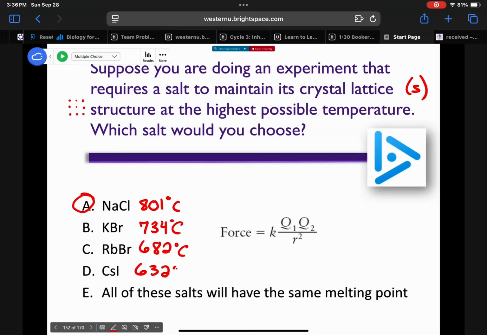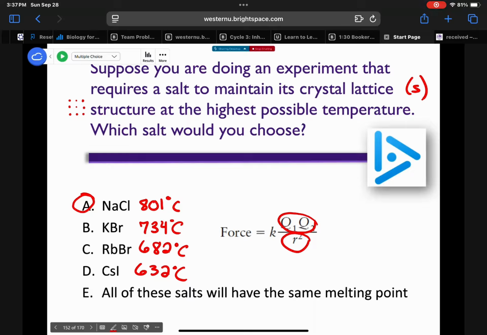And please don't memorize all the melting points of every compound. That'd be painful. But we can predict the ordering of these melting points based on Coulomb's law, which includes charges in the numerator and distance between ions in the denominator. We can look at trends using this formula, and we can predict which salt is going to have the highest melting point. Let's talk about how we're going to do that.